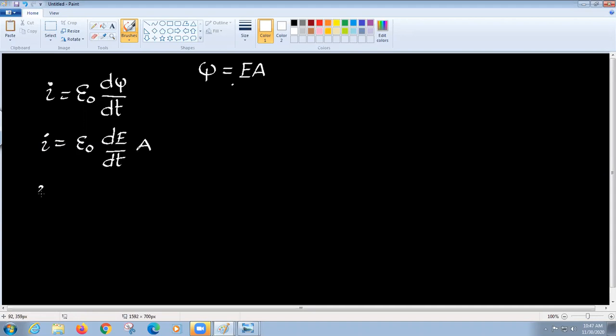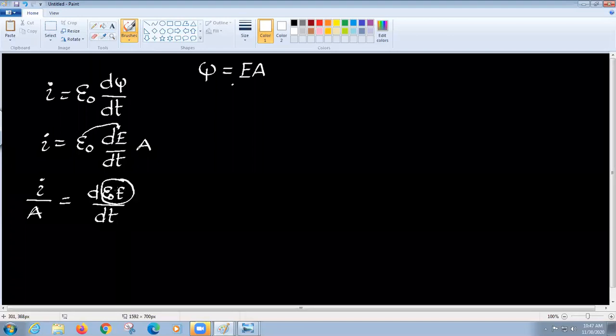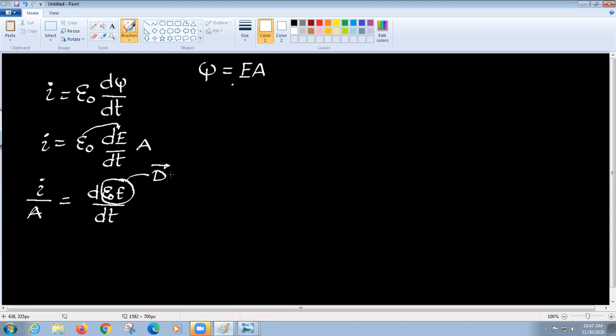So you bring this towards the left hand side, you have I over A is equal to epsilon dE by dt. We are dealing with a homogeneous medium, so I can take this epsilon naught inside: d epsilon naught E by dt. And in a homogeneous medium, we can account for epsilon naught E as the electric displacement vector, the electric flux density for that matter.